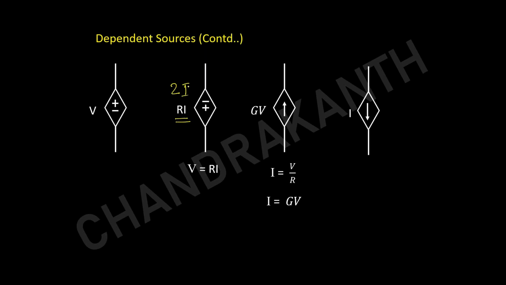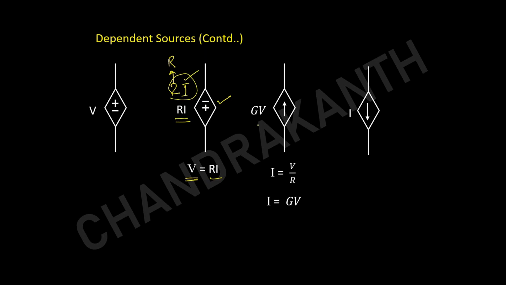But importance should not be given to the value, importance should be given to the source. If this is a voltage source, this value is also a voltage, but given in terms of the current. This 2 is nothing but the resistive value. Resistance into current is nothing but voltage. That means this value is a voltage, not the current.